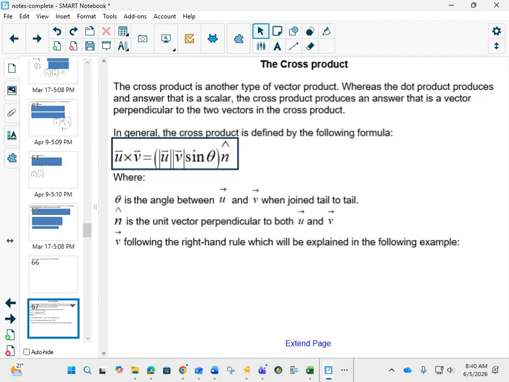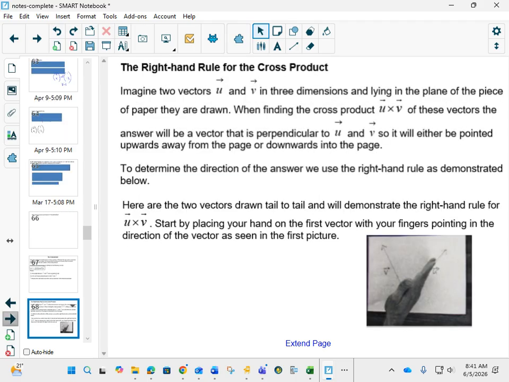If I put my hands together like this to represent two vectors in 3 dimensions, no matter where they are, you can always imagine something coming out perpendicular to them. And it's either going to come out perpendicular to them up or perpendicular to them down. And you might have had the right-hand rule in physics, and we'll do something similar to this to figure out which way the vector goes.